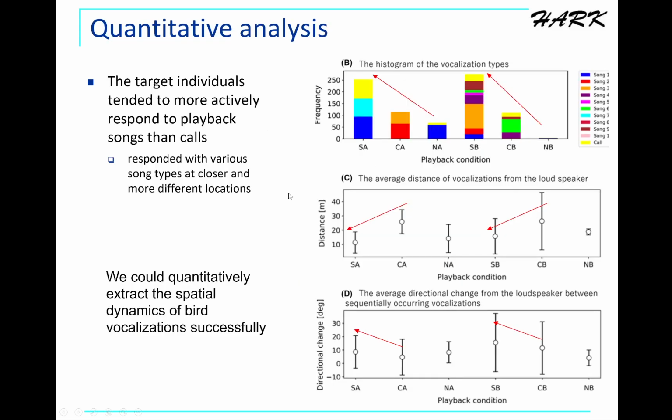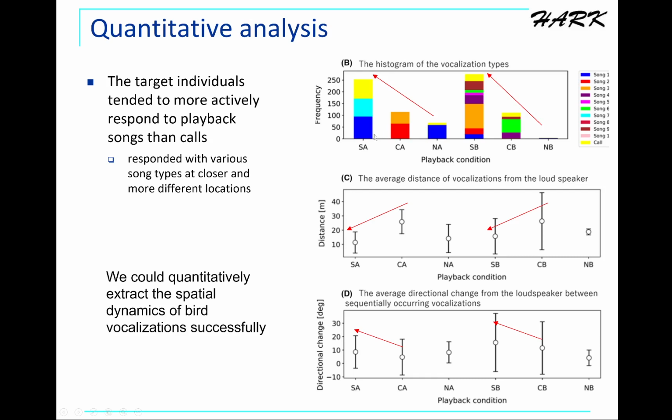And anyway, what we could obtain is that target individuals tended to be more actively responsive to playback songs than calls. For example, this is a song playback against individual A and this is a call playback against individual A. As you see, this is the frequency of responses to sound from the target individual.